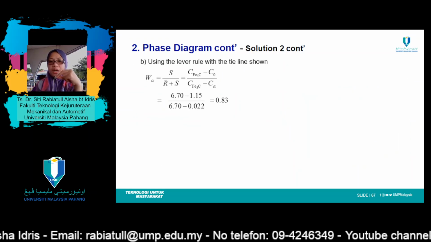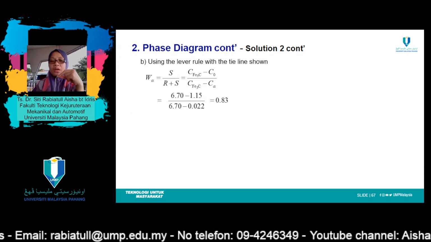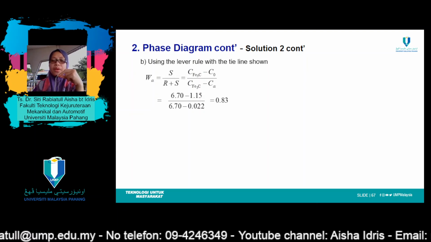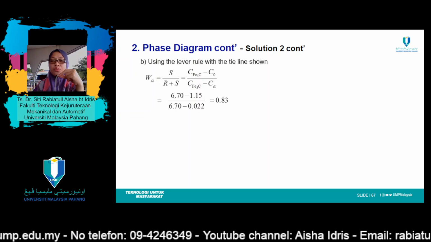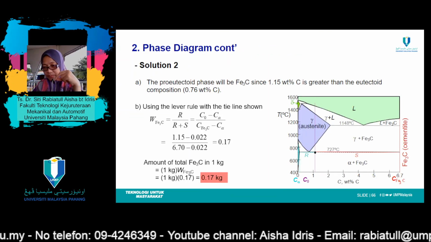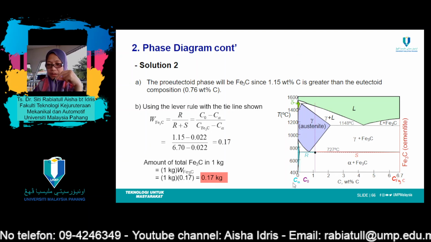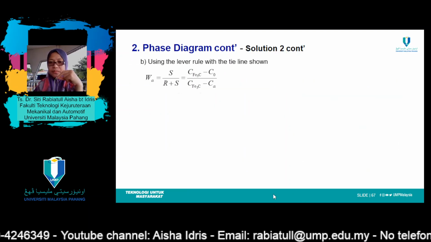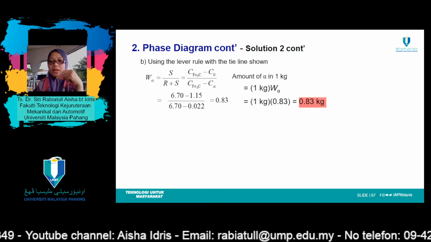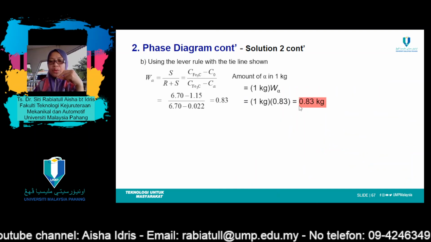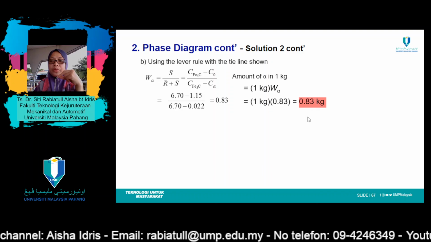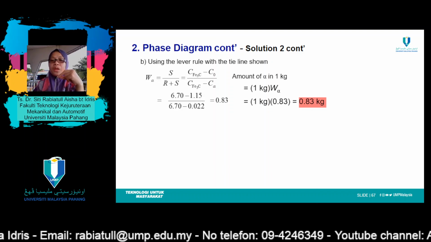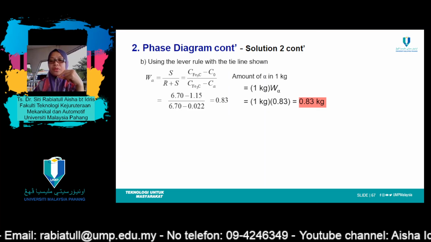Question number 2, again use the lever rule and you may get the value of alpha equals 0.83. This is the alpha. In 1 kilogram, just times with 1, and you should get 0.83 kilogram of alpha in steel.